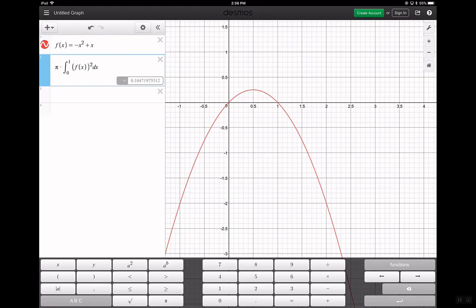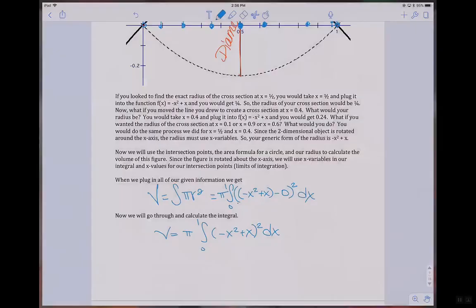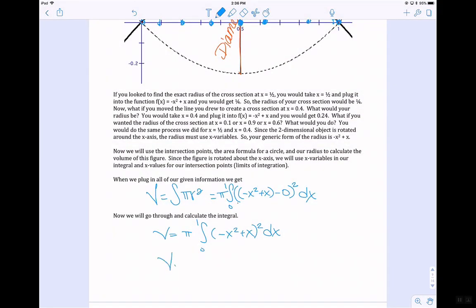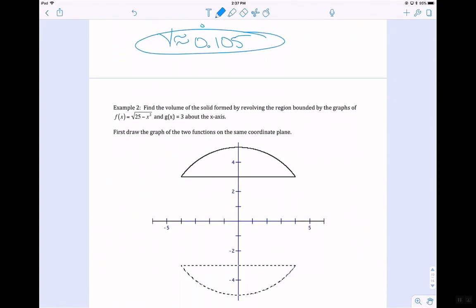So I have pi times that integral, and I get 0.105. Remember, 3 decimal places, so 0.105. So that is my volume. So volume is approximately equal to 0.105.